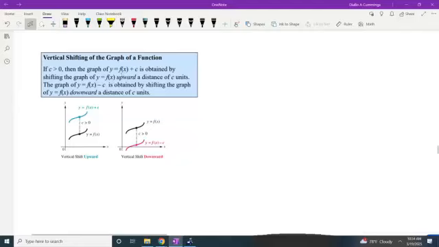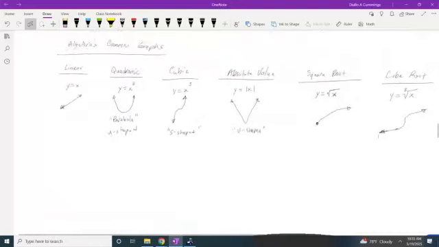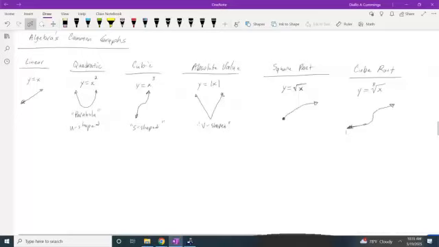So this little f of x that you see, f of x can represent any one of those functions. So f of x could be equal to x. F of x can be equal to x cubed. Remember, in function notation, we simply let y equal f of x. So f of x is just simply a function. From what we know now, f of x could be any one of these 6 functions.